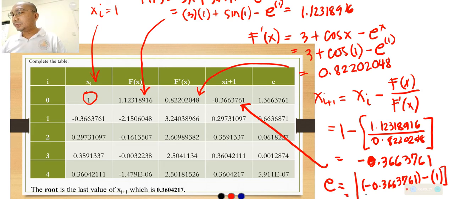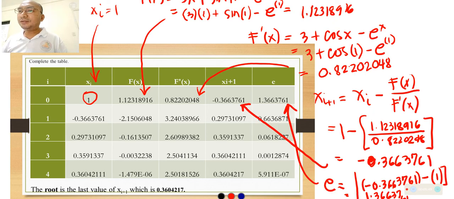The answer here is negative 1.3663761, but since it is absolute, the answer for the error is 1.3663761. So that is the value here.